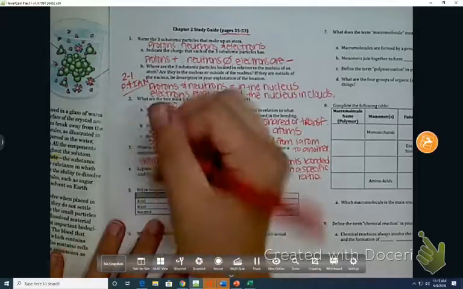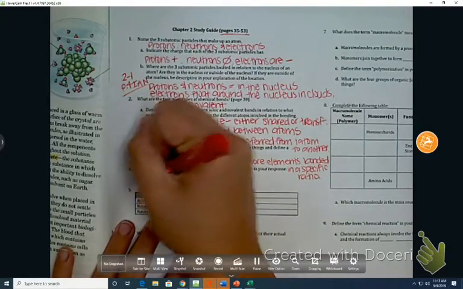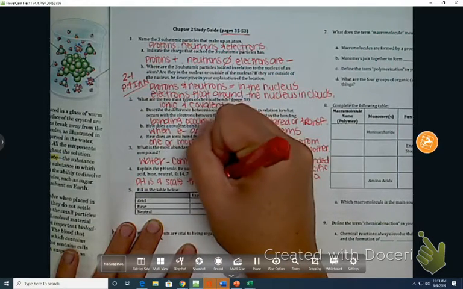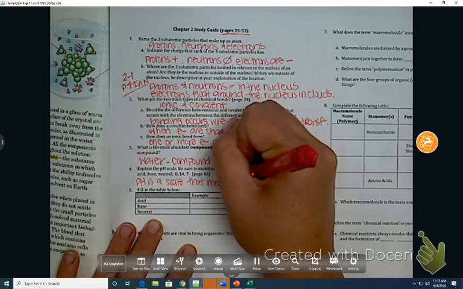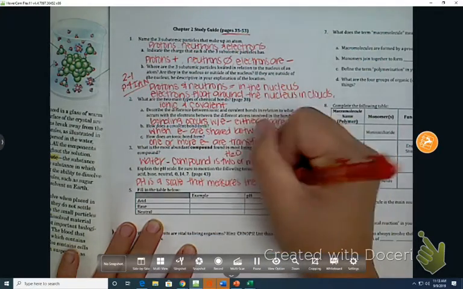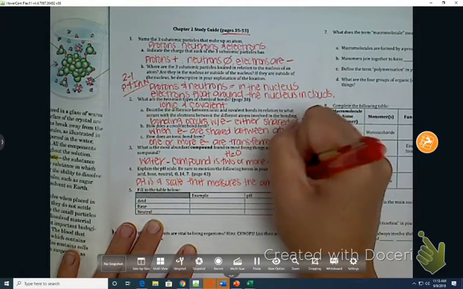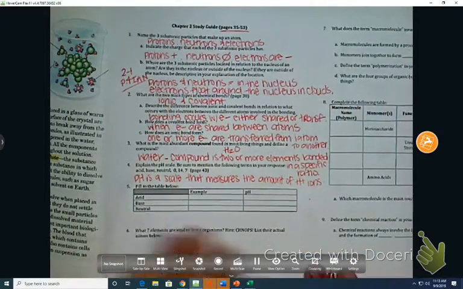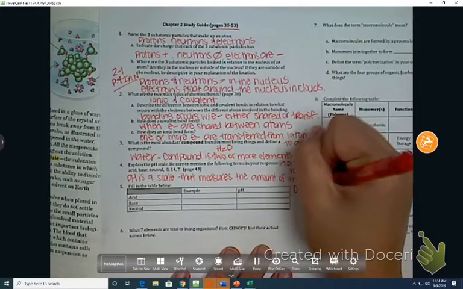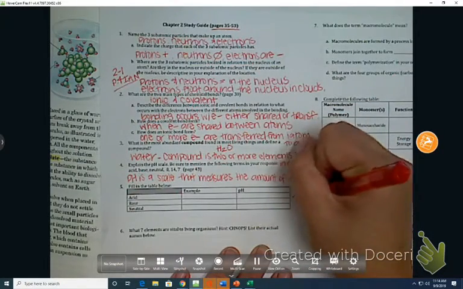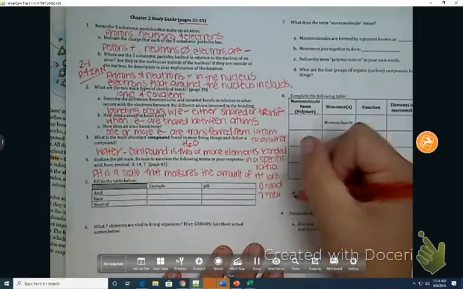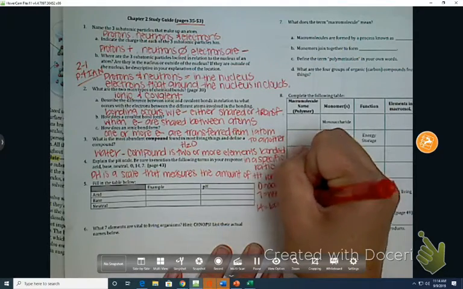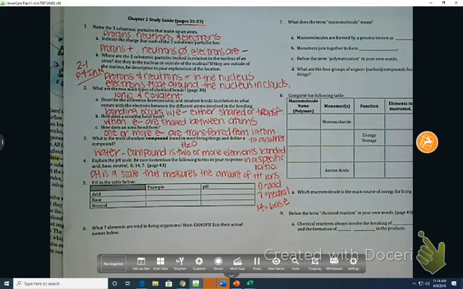So pH is a scale that measures the amount of H plus ions. 0 equals acid, 7 equals neutral, and 14 equals base. And that's all you really need to know about that.